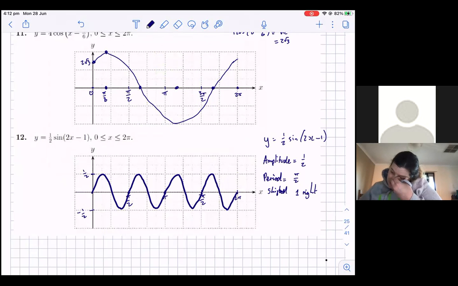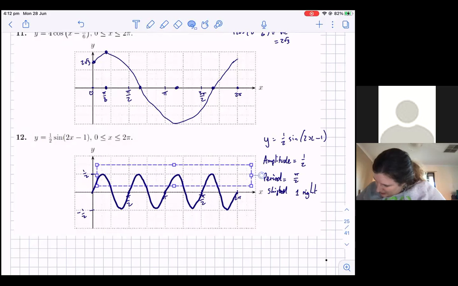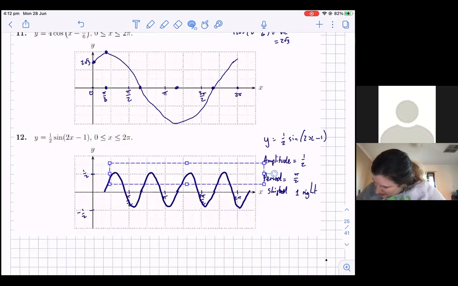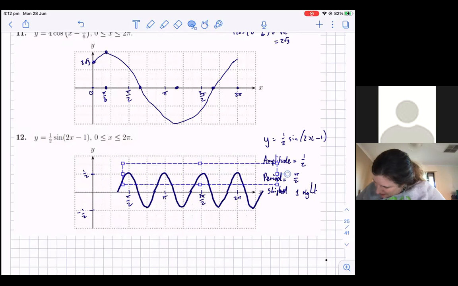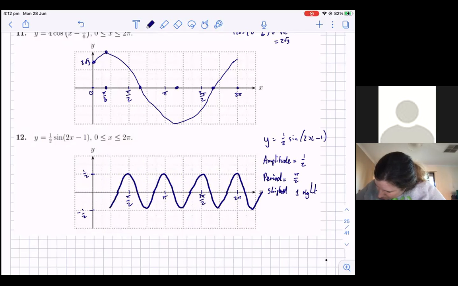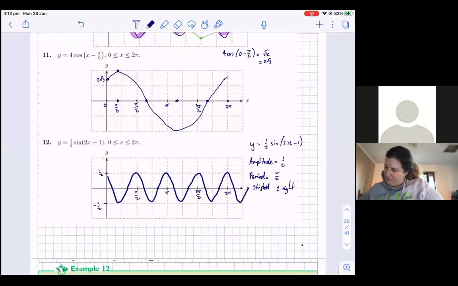And it's been shifted 1 to the right. So it's going to look kind of like that.